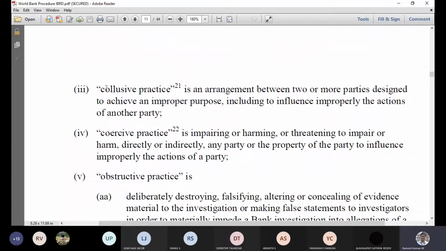And then there is another thing called collusive practice. It is between two or more parties to achieve an improper purpose, including to influence improperly the action of another party. This is what we talked about: the cartels. A bigger company generally has multiple subordinate companies.